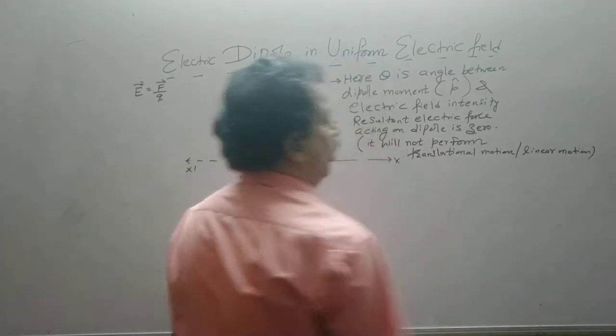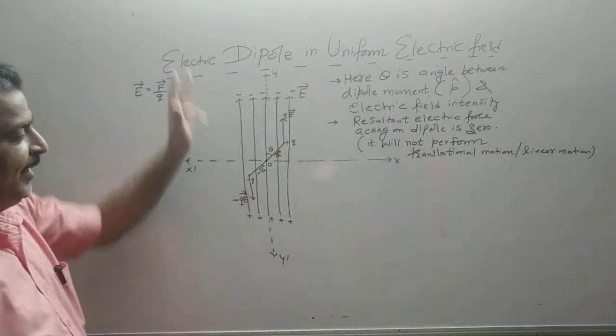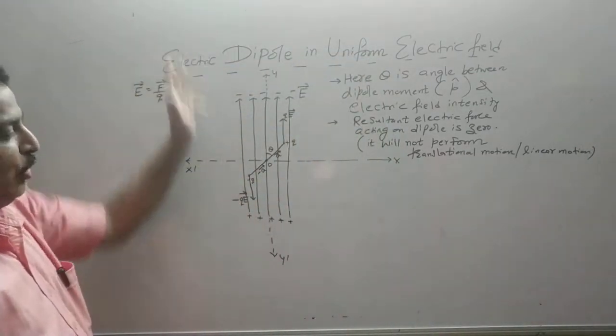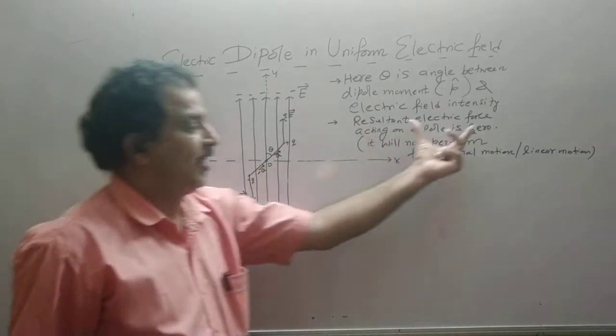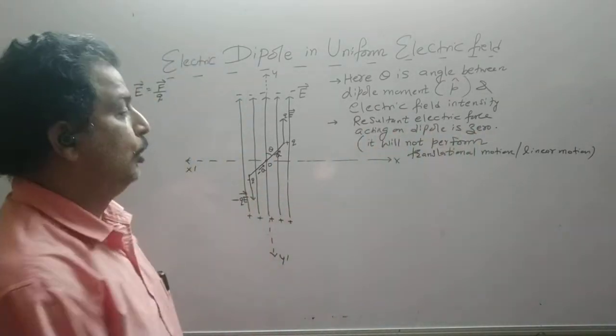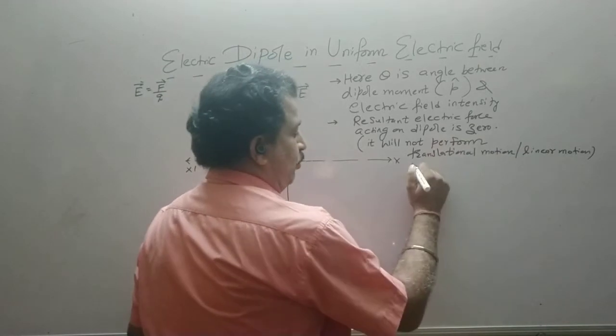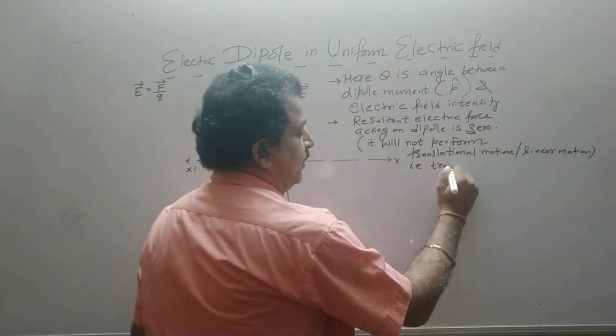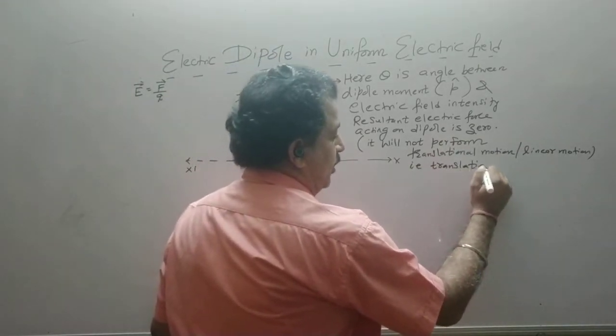Means the dipole will not move linearly, neither upward nor downward, because the resultant force is 0. So there is no translational motion.